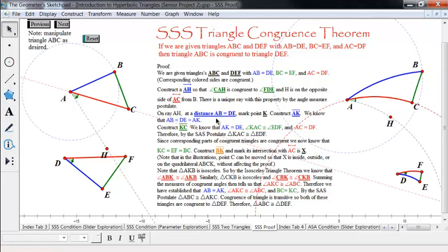The reasoning says we can go out a fixed distance AB, whether it's hyperbolic distance over here or Euclidean distance over here on the left, and this will make a point K. So there's a unique point K on this ray AH so that the distance from A to K is the same as the distance from A to B, which is the same as D to E. So now all the blue distances are the same: AB, AK, and DE. Same letters on both drawings.